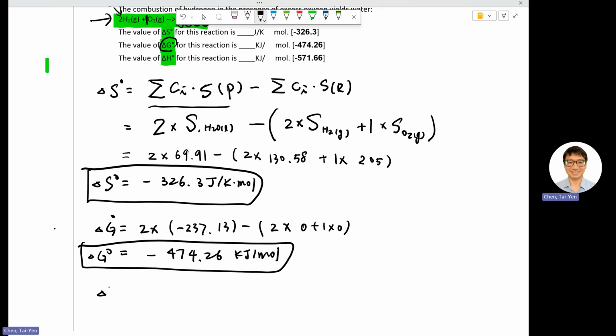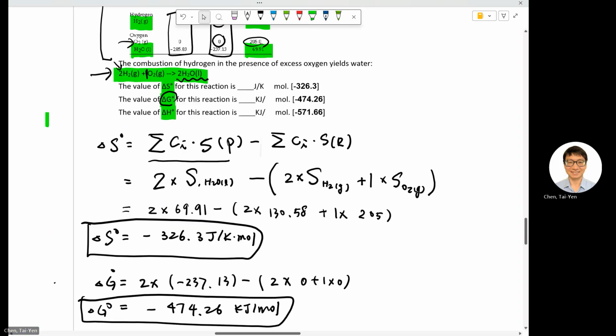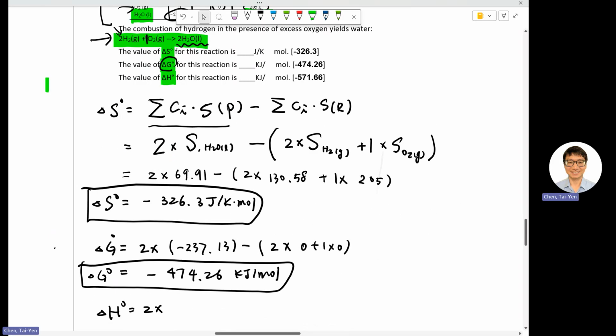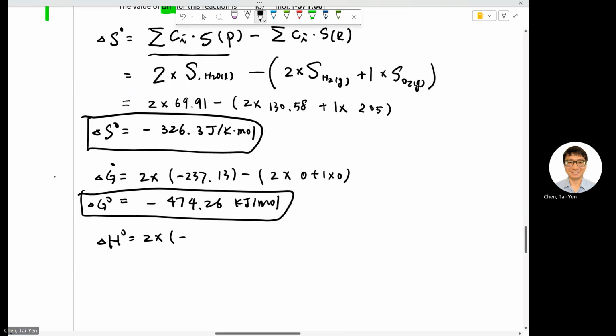Then you can do the same for your delta H, which will be 2 times H2O, negative 285.83, minus 2 times 0 plus 1 times 0.